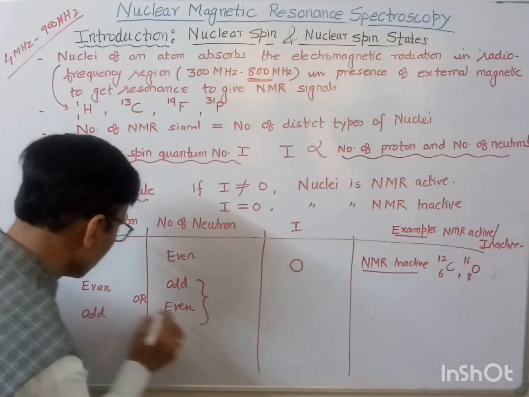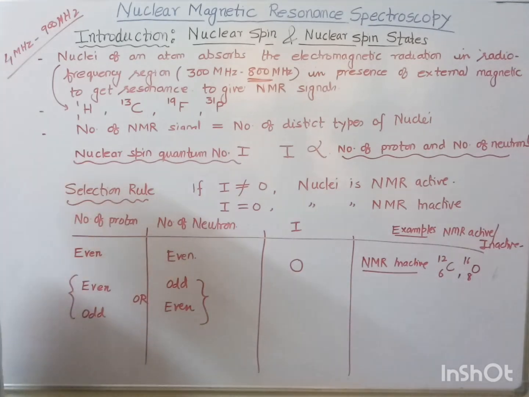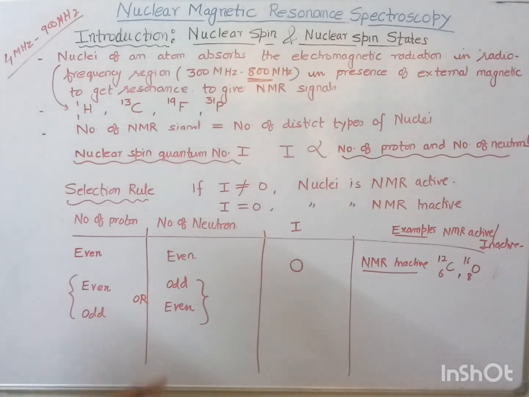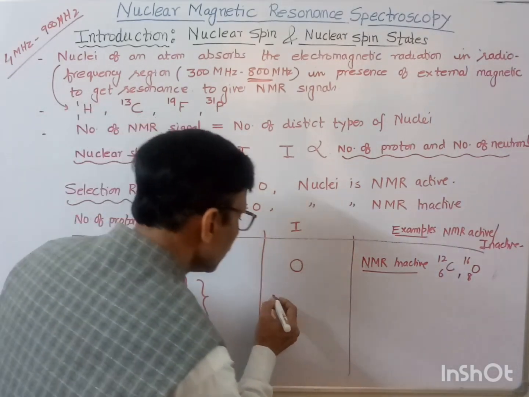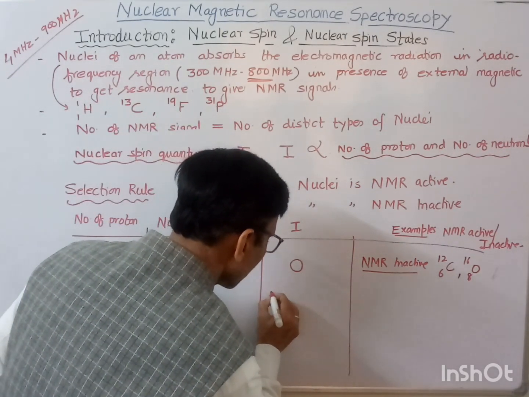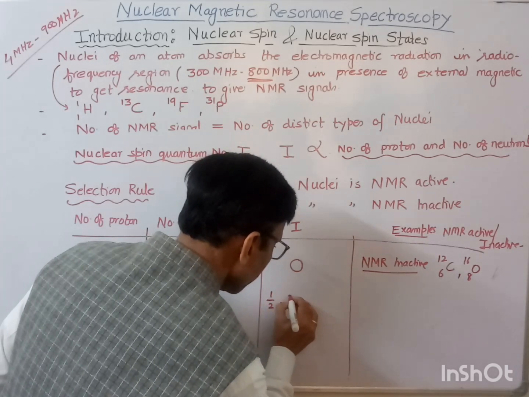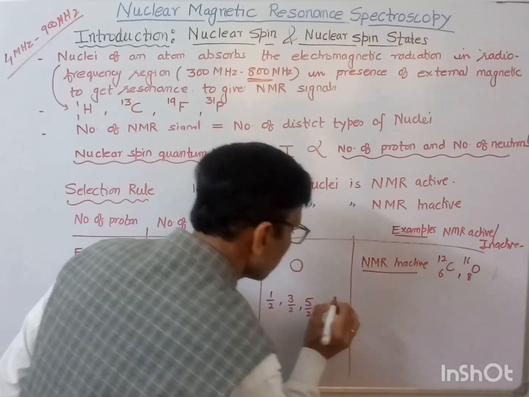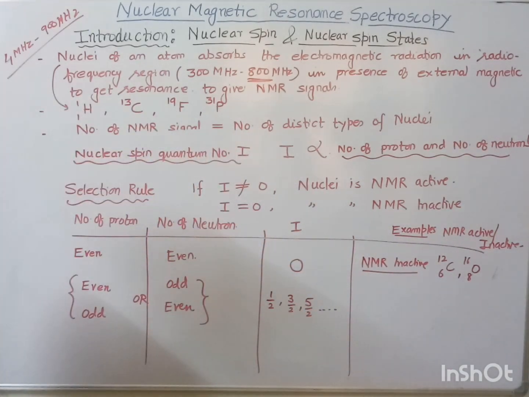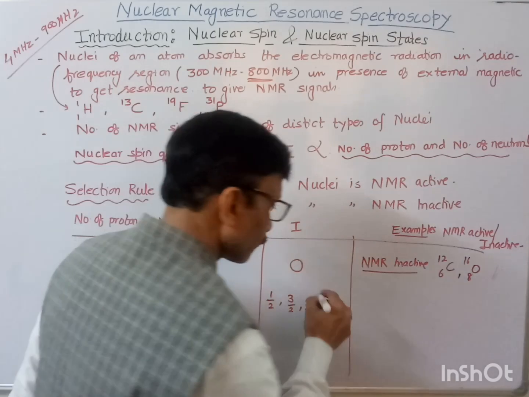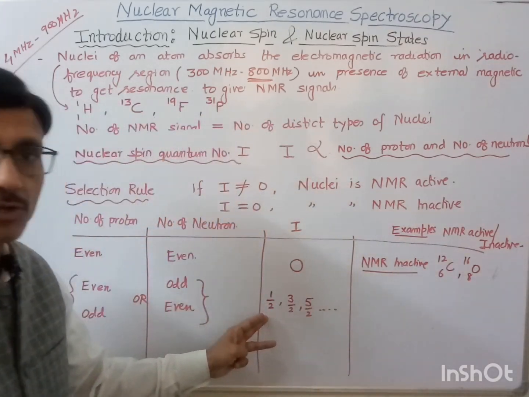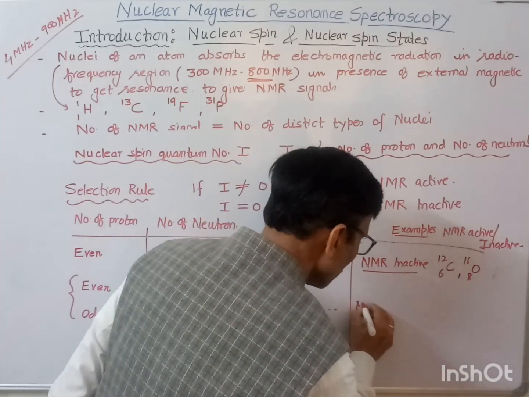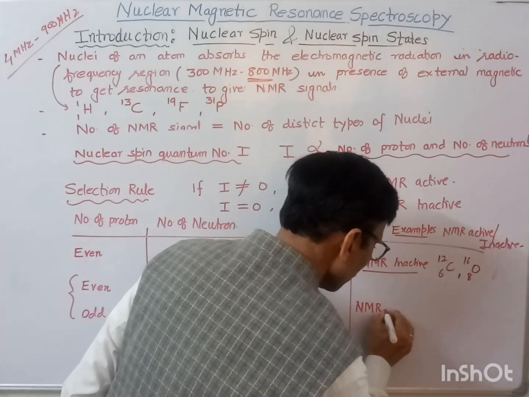One is odd and the other is even, or one is even and the other is odd. In such a case, the I value is fractional. For example, it may be 1 by 2, 3 by 2, 5 by 2, and so on. So for such cases, where the I value is not equal to 0, such nuclei are said to be NMR active nuclei.